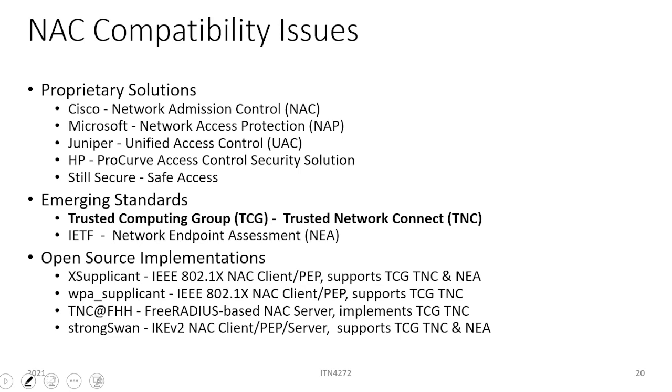When we think of network access control, one of the key issues that we will come across is the compatibility issue, because there are a number of open implementations, a number of standards, and a number of open standard implementations, and there are also a number of proprietary implementations.